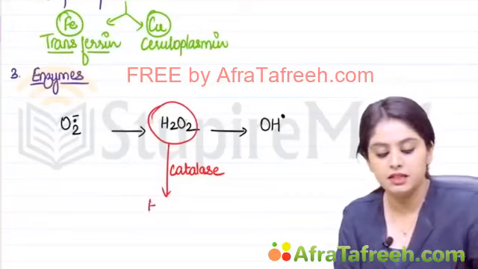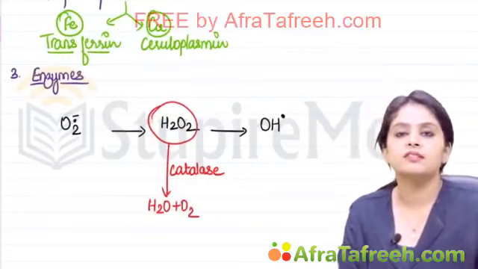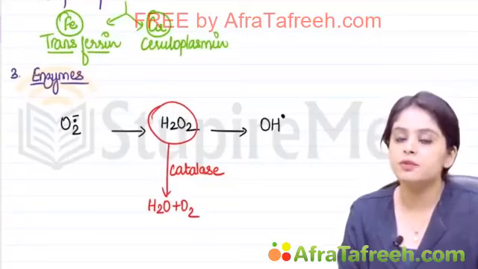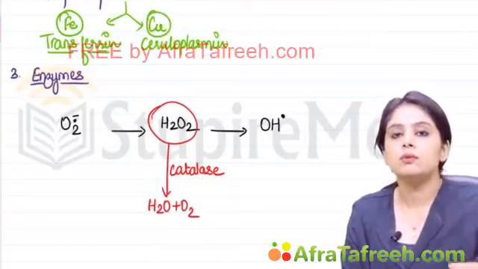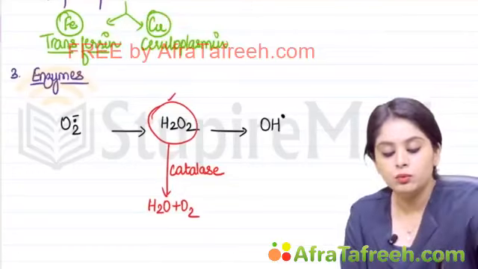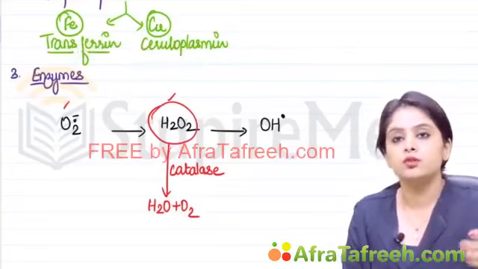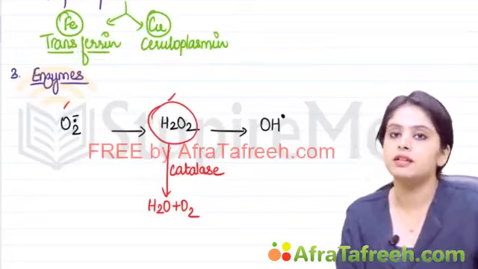Catalase will then break it into water and oxygen. Harmless things for our body, water and oxygen. So catalase definitely becomes protective for our body. Correct. But H2O2 will be broken down only when H2O2 is present. What if superoxide is present? Catalase cannot act on superoxide.